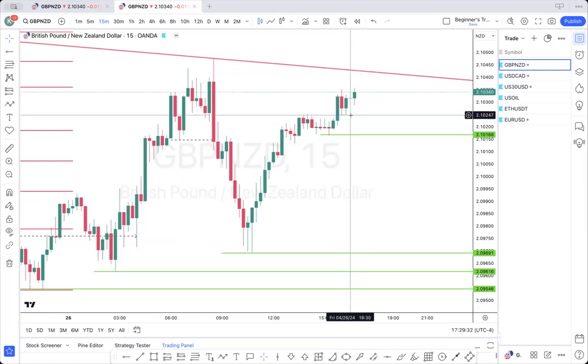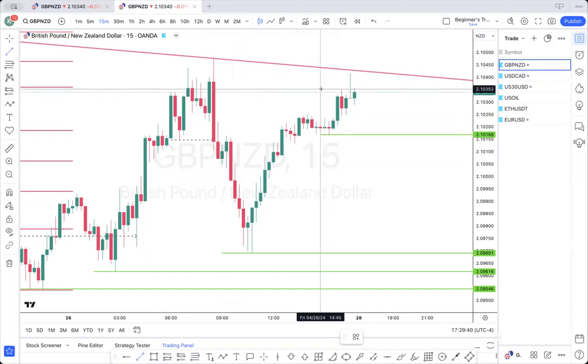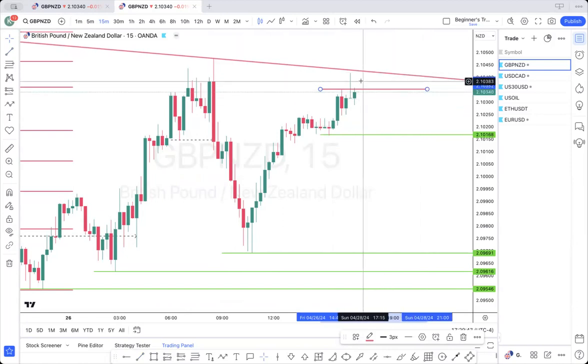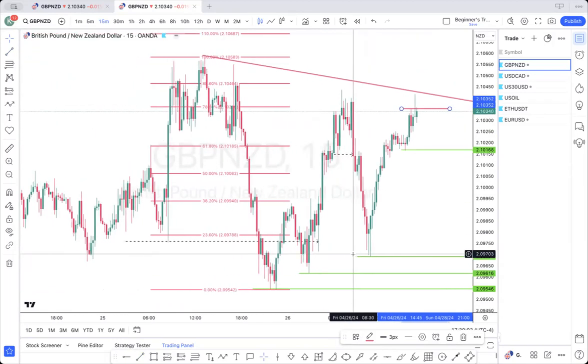But for right now, my swing is right here. And then once price breaks there, I will look for my imbalance or order block, set my limit, and then start selling.